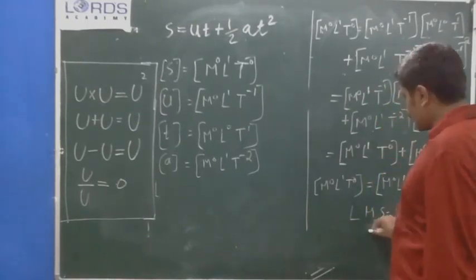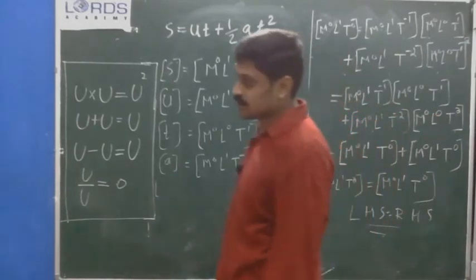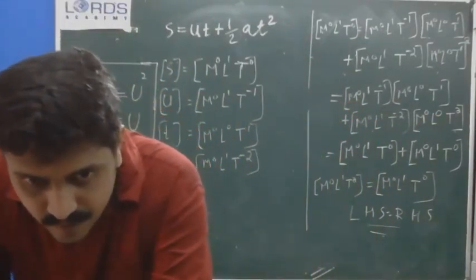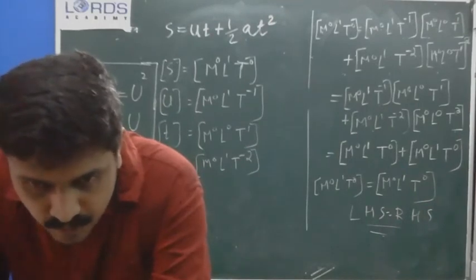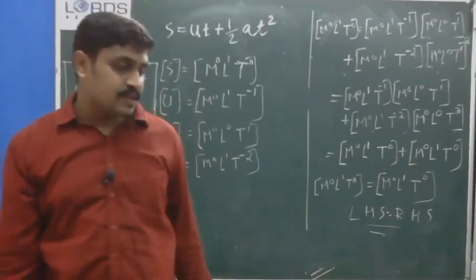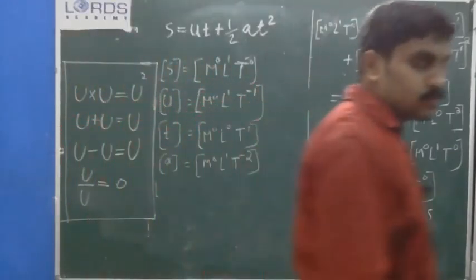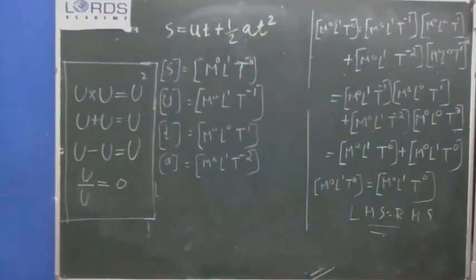So the equation is dimensionally correct. Now we have proved that this equation is dimensionally correct. Any doubts? Anybody?